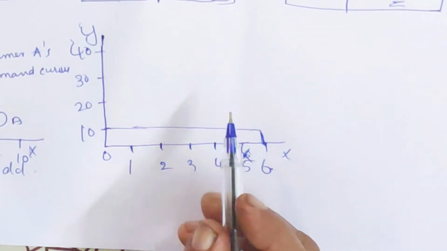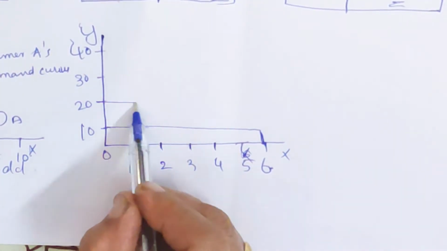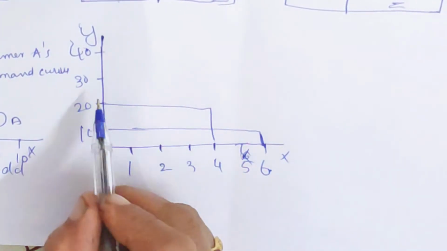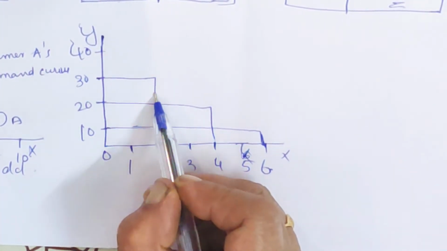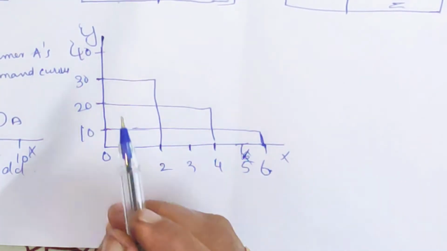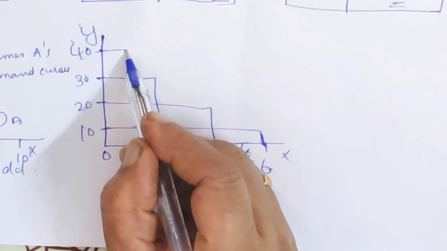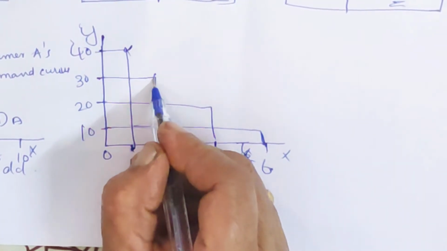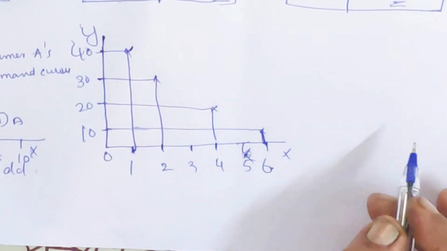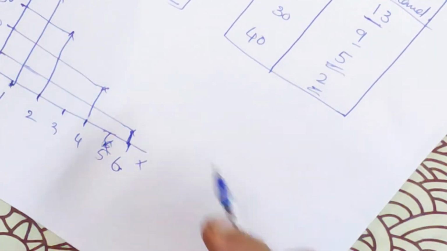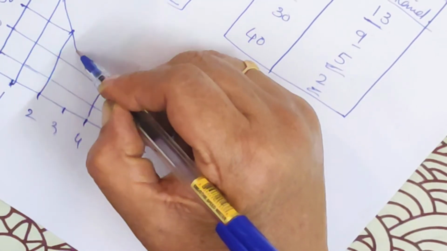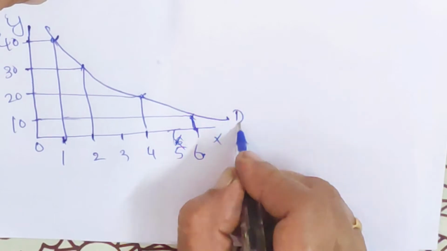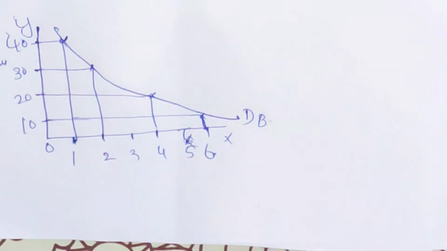When price increases to 20, demand decreases to 4. When price again increases to rupees 30, demand decreases to 2. When we join these points, we get the demand curve of consumer B, DB.